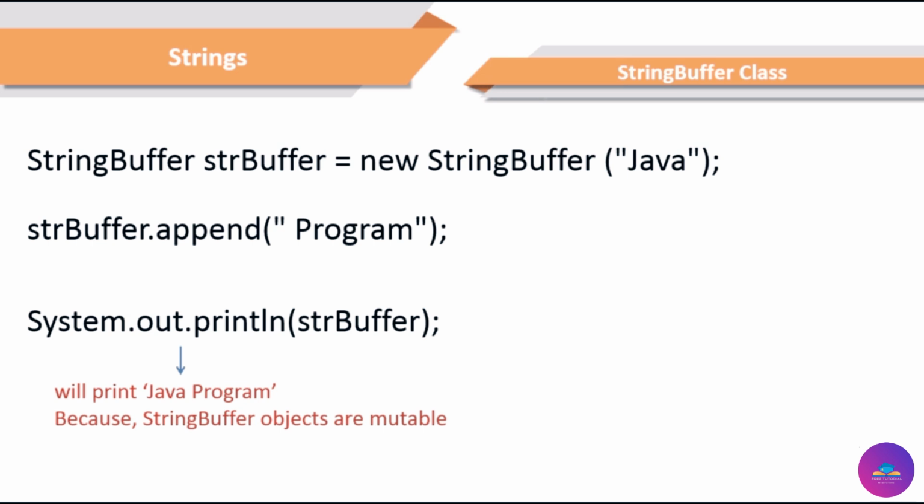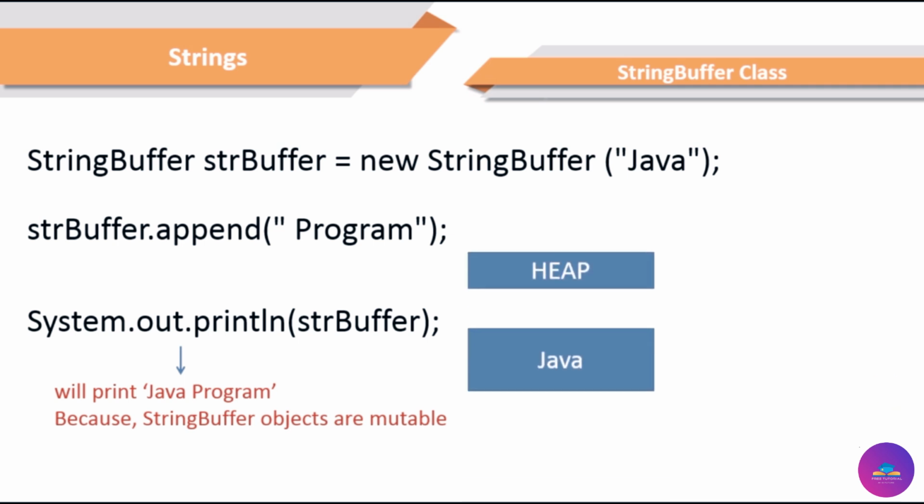So it's the same as the string class, except it's mutable. So the value of the StringBuffer object can be changed. It also means that it can be assigned a new value. In our example, we define StringBuffer as an object with the Java value, and this object is stored in heap memory, and its value can be changed.